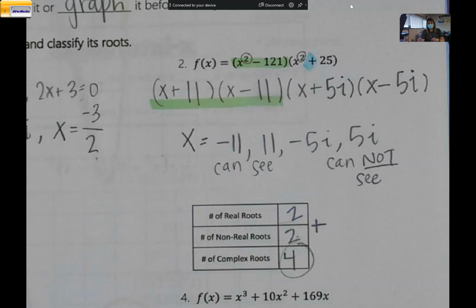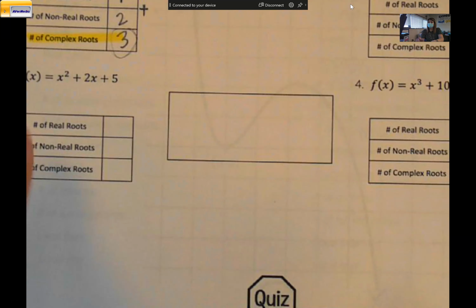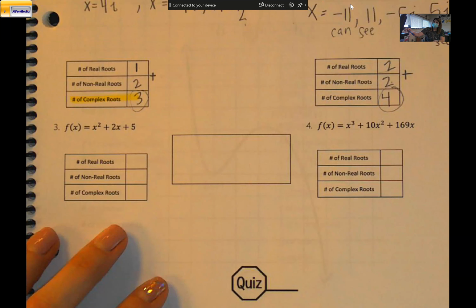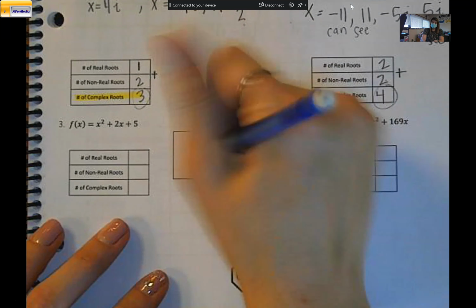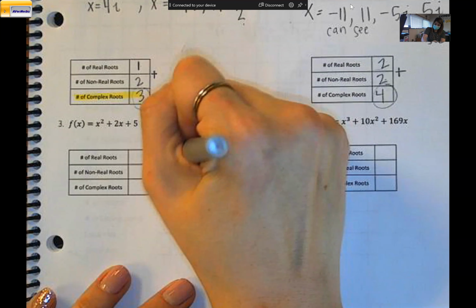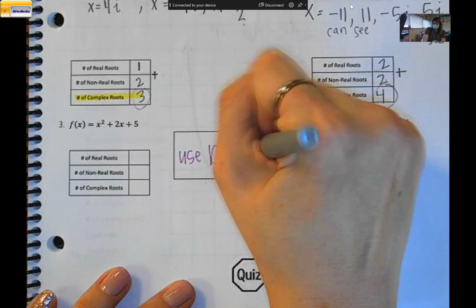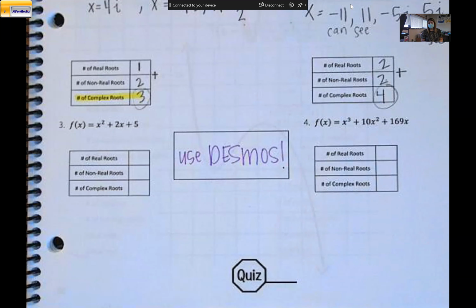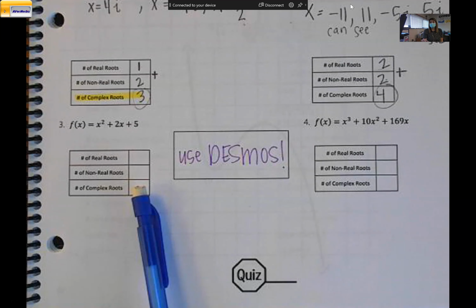Okay, because numbers 3 and 4 are ones where you would just graph it. So what this little box is for is use Desmos. If it's not factored, my recommendation to you would be to plug it in Desmos after you decide the number of roots.